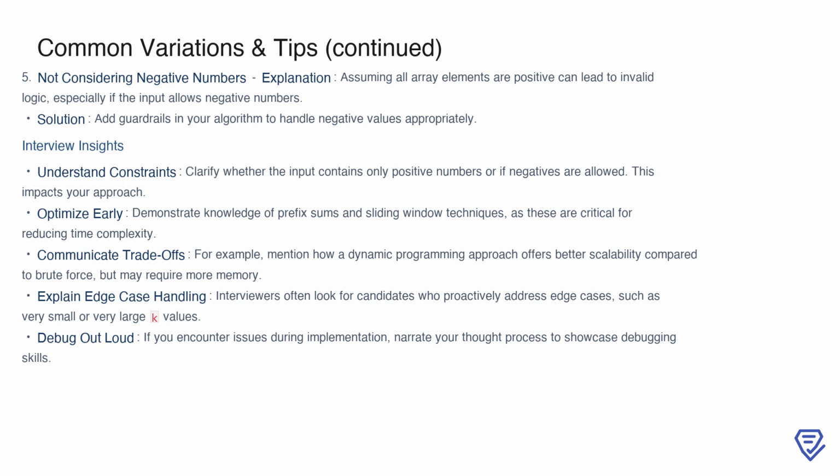When discussing your approach, make sure to communicate trade-offs. For example, you can highlight how dynamic programming provides better scalability than brute force, although it may require more memory. Proactively addressing edge cases, like very small or very large k values, can also impress interviewers. Finally, if you encounter issues during the implementation, debug out loud to demonstrate your thought process and problem-solving skills.